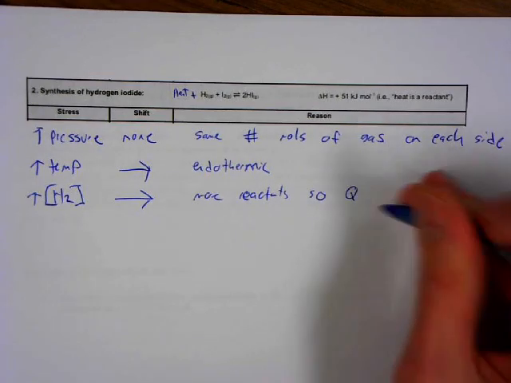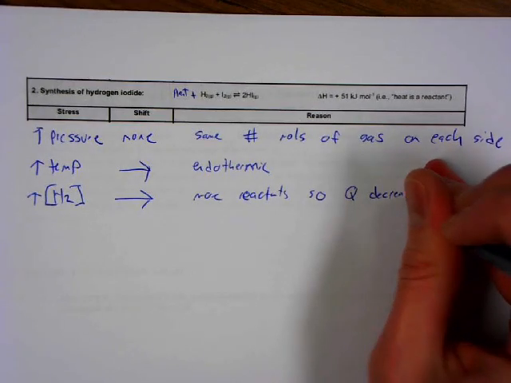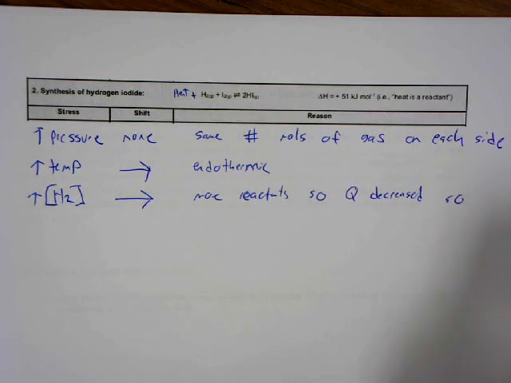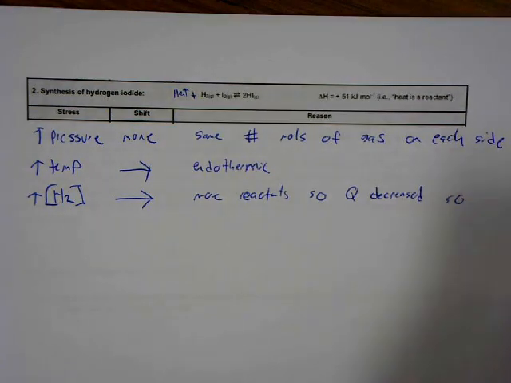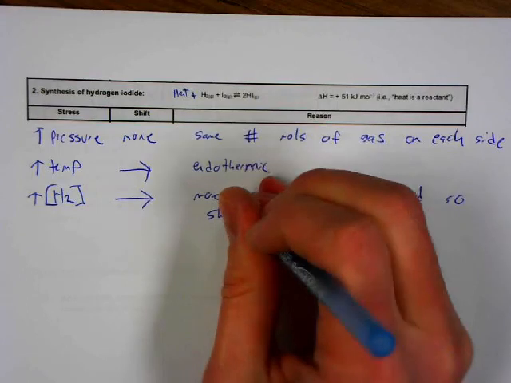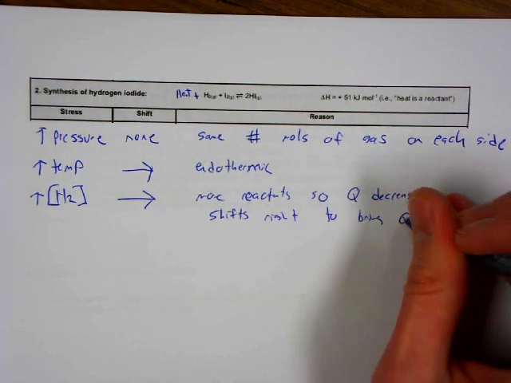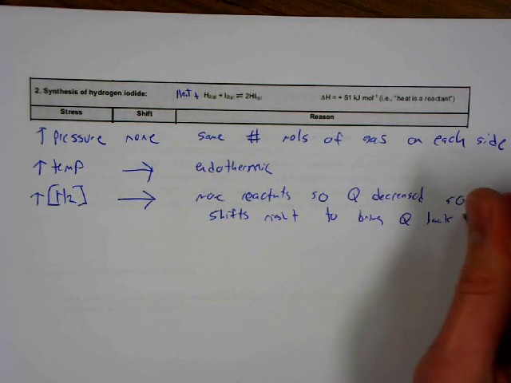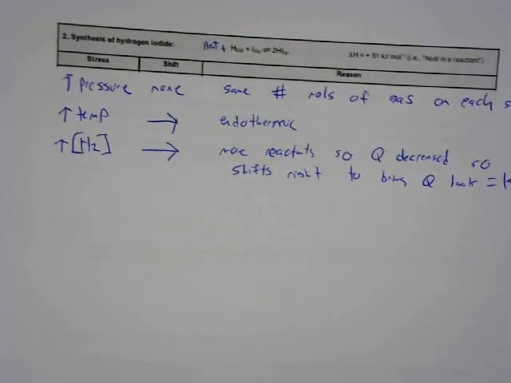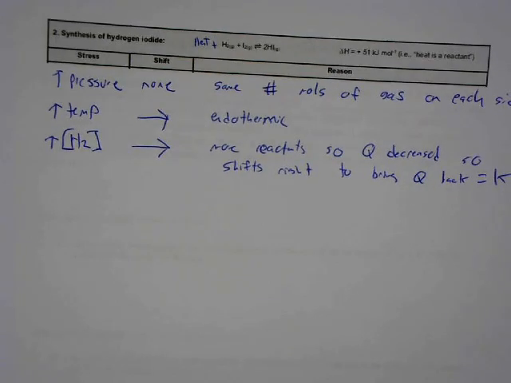So Q is less than K, so it shifts right to bring Q back equal to K. Because Q is less than K. Right, because the queen is less than the king, in a deck of cards.